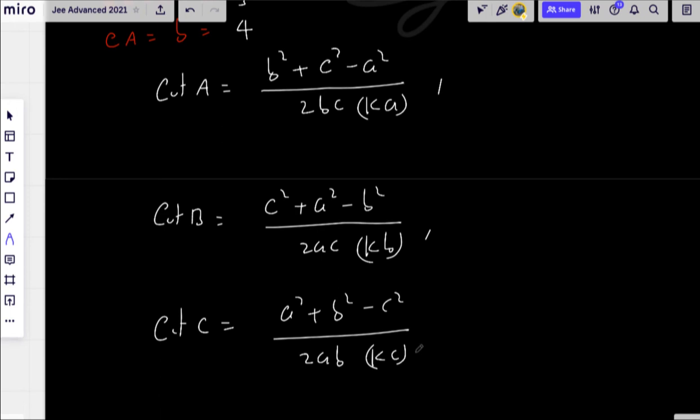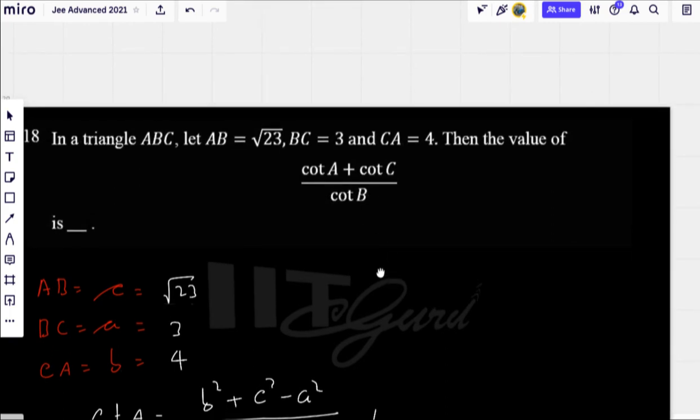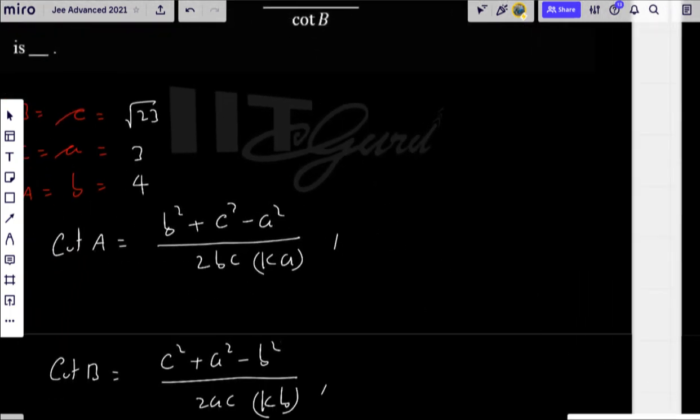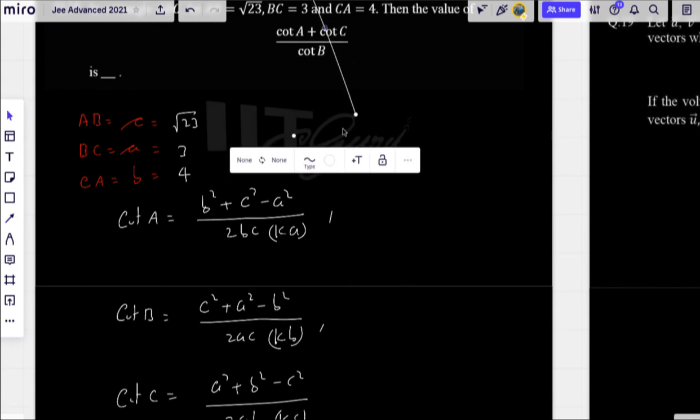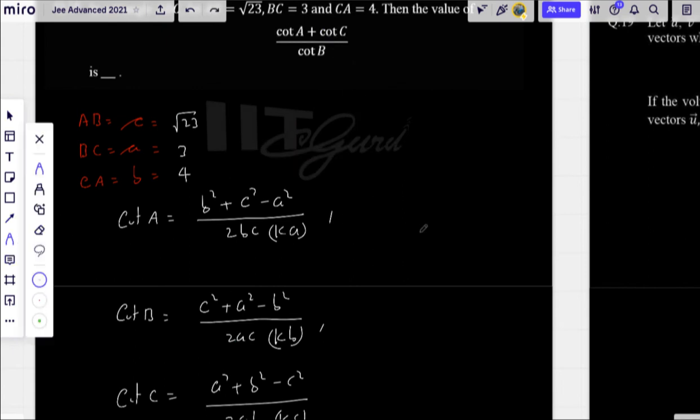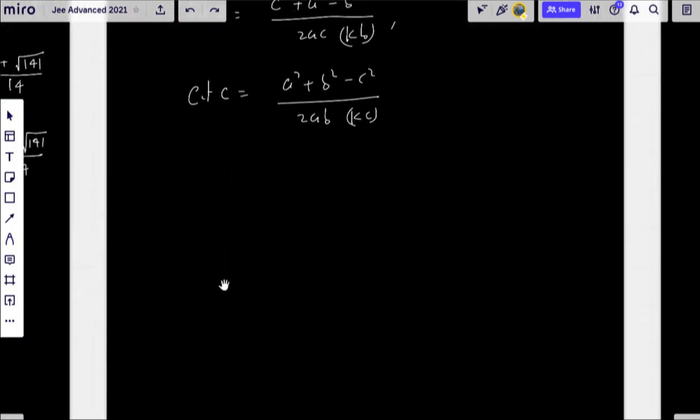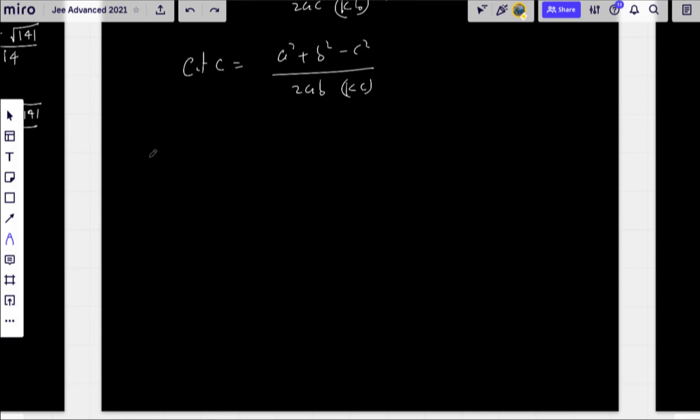Okay, this much. So when we put these data, cot A, cot B, cot C in the formula cot A plus cot B plus cot C, then what will we get here? Let's see. So this formula we will get here, this result, entire thing you can see over here. Simply let me write here: cot A plus cot C plus cot B. So that is the formula we write here.